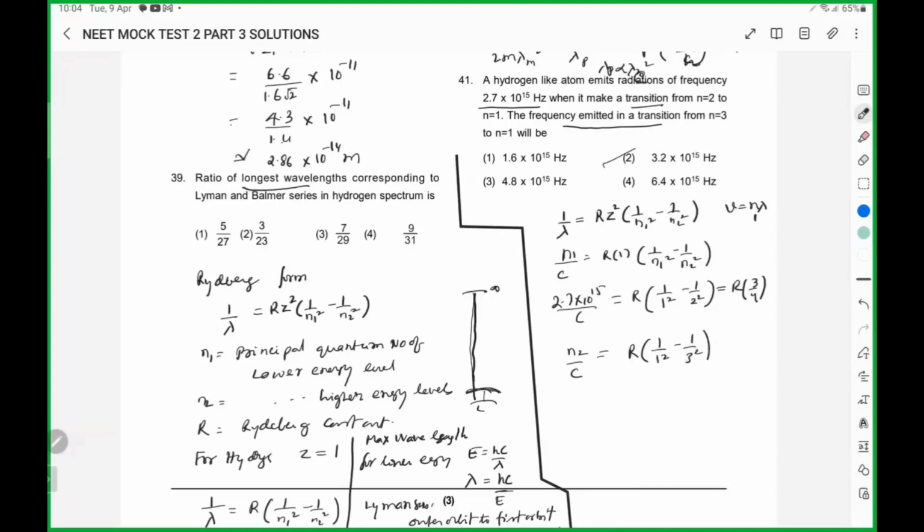That is 8 by 9. So divide one with the other. 2.7 into 10 power 15 by n2 is 3 by 4 into 9 by 8. So n2 will be 3.2 into 10 power 15 Hz.